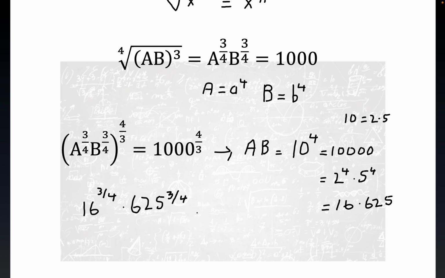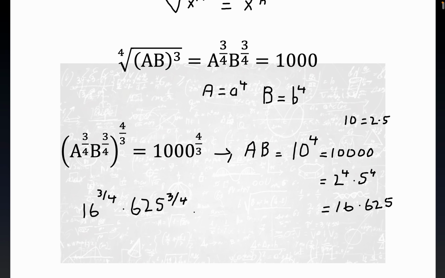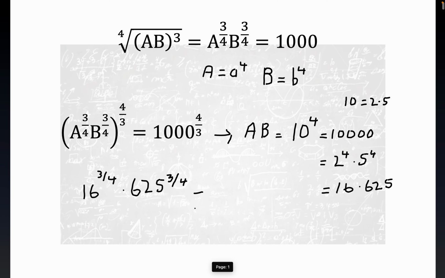Okay, folks, and so you can see, the way I look at this, the fourth root of 16 is 2, but 2 cubed is 8. The fourth root of 625 is 5, but 5 cubed is 125.